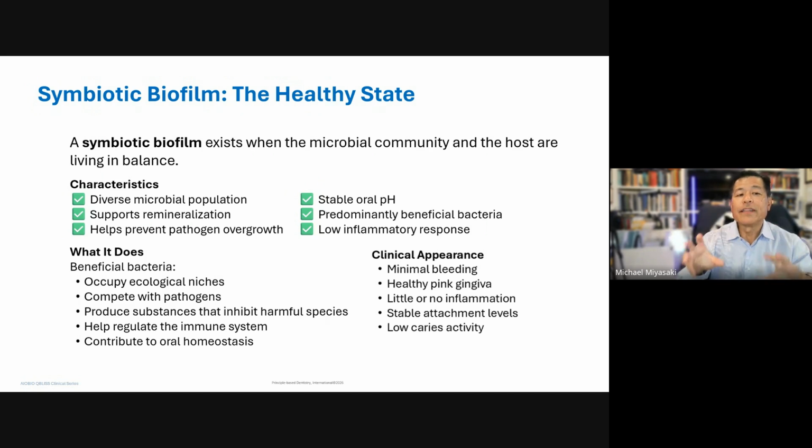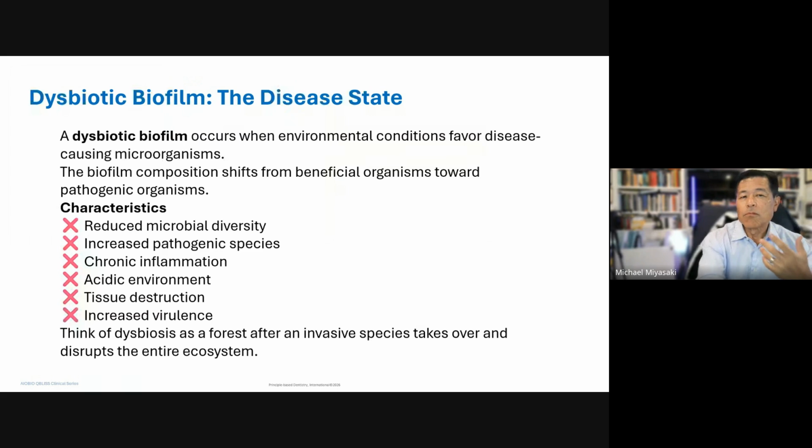It's going to prevent the overgrowth of the pathogenic types of biofilm, and it's going to cause a very low inflammatory response. So you've got this healthy biofilm in the mouth, and we can leave that there. And over time, if we don't control it, we get the dysbiotic biofilm, and this is what causes the disease.